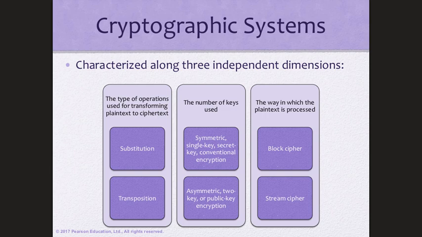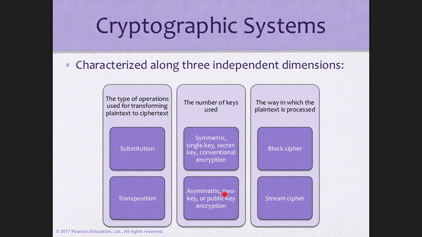Now, categorizing cryptographic systems. Today, for example, we discussed the categorization depending on symmetric and asymmetric. There are also other ways to categorize the function of the cryptographic system. Remember, in the case of symmetric, there is a single key, which is secret, and it's shared between the transmitter and the receiver, and nobody else knows about that key.